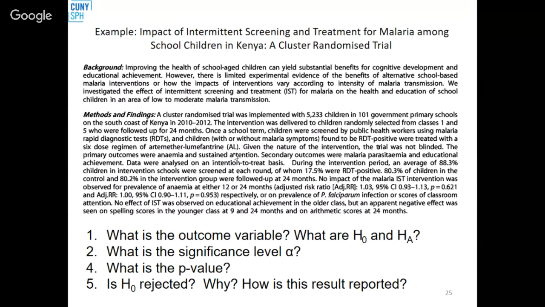So here the test statistic is about prevalences, about risk ratios. It's a good question. I'm not sure offhand which test statistic they used. It might have been a normal approximation, probably not though.